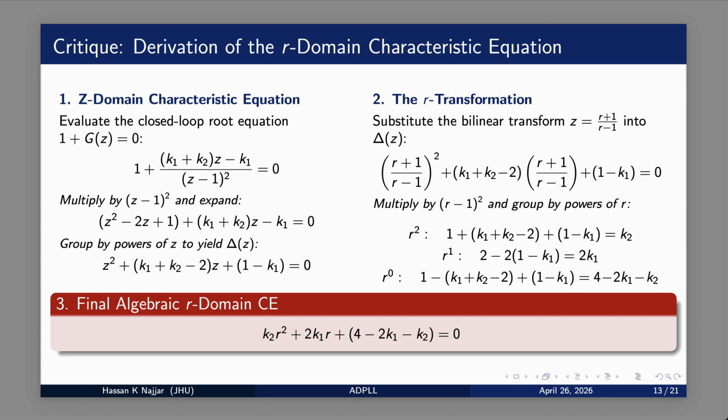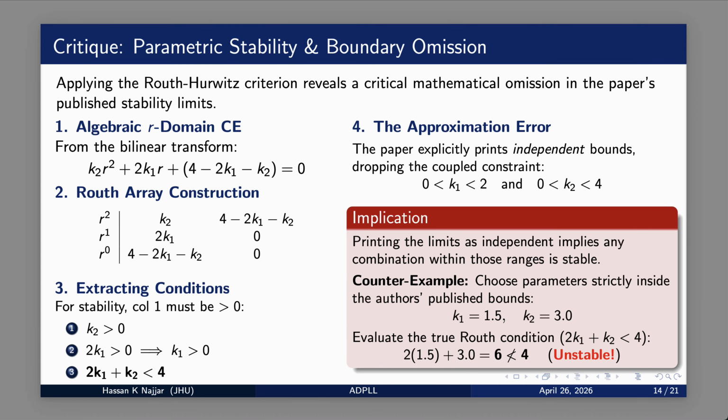After clearing denominators and collecting terms, the transformed characteristic equation becomes K2 r squared plus 2K1 r plus 4 minus 2K1 minus K2 equals 0. Applying the Routh-Hurwitz criterion to the r domain characteristic equation derived in the previous slide shows that the stable region requires 3 conditions, as shown in bullet number 3.